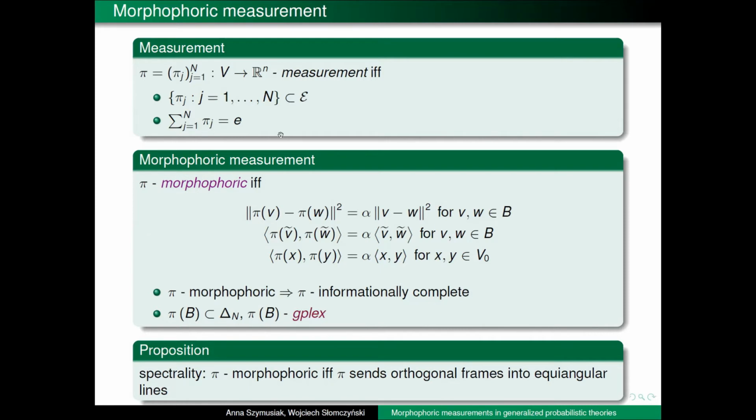is just a similarity between the state space and its image, and we can define this in three equivalent ways, and this is why we need this self-duality, because we would like to define a morphophoric measurement in such a way that the geometry of the state space and the geometry of its image, and its image lies somewhere in the probability simplex, is basically the same.